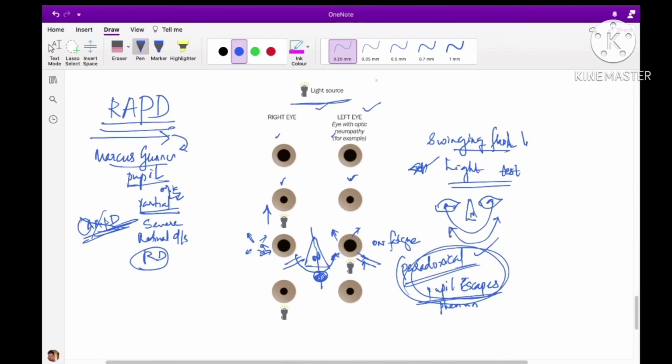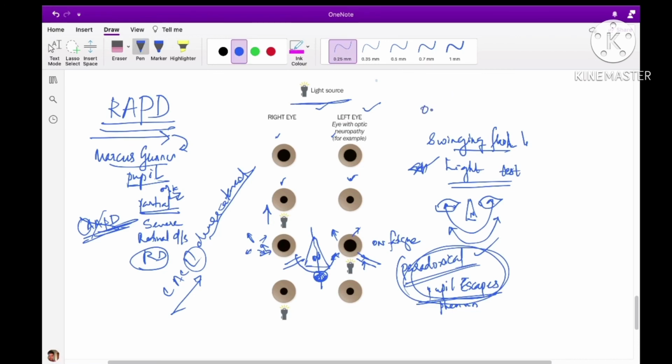Okay, one more point is that there are some media through which light passes, right? Through the cornea, through the anterior chamber, through the lens. So if you are having a dense cataract in the lens, what do you think? Will you get an RAPD?